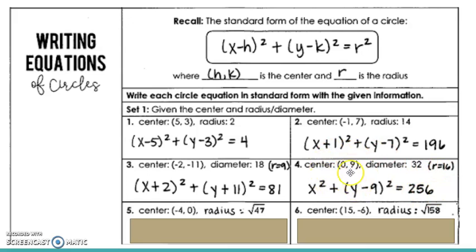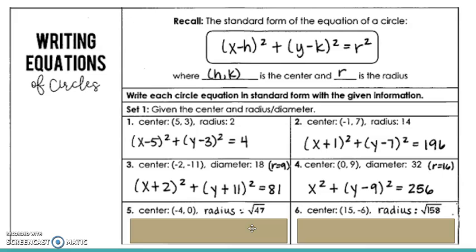For this center, my x is 0. So if you plugged in 0 and got (x - 0)^2, that minus 0 doesn't really do anything. So we can simplify it even more and just write x squared. Number 5, I have my center as (-4, 0), and my radius is the square root of 47.